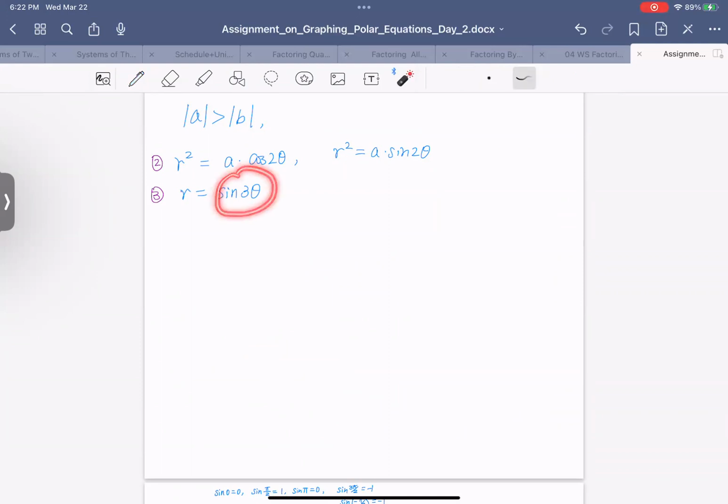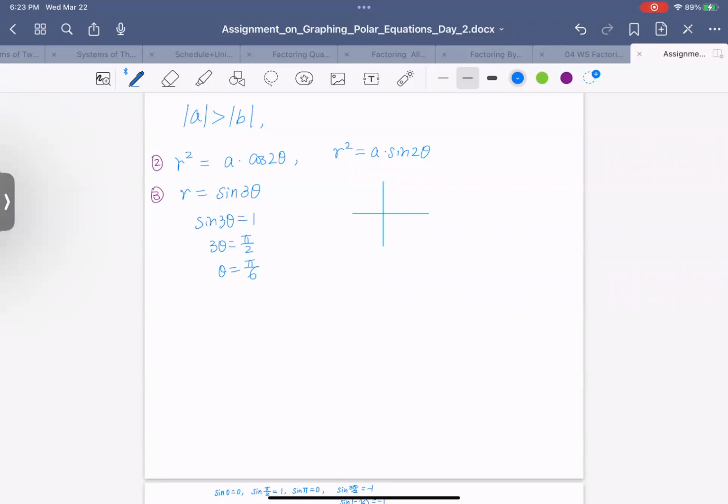Without figuring out all the numbers, you should know the 3 major rose petal directions. For the first direction, you make this equal to 1, so 3 theta is pi over 2, so theta will be pi over 6.